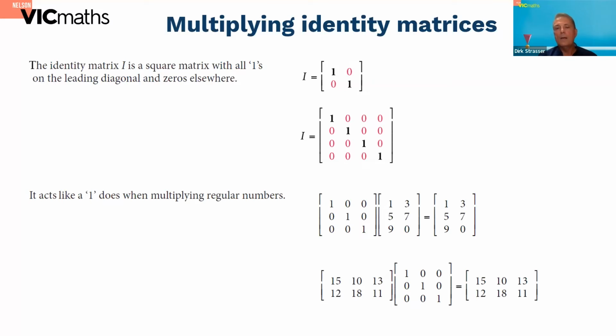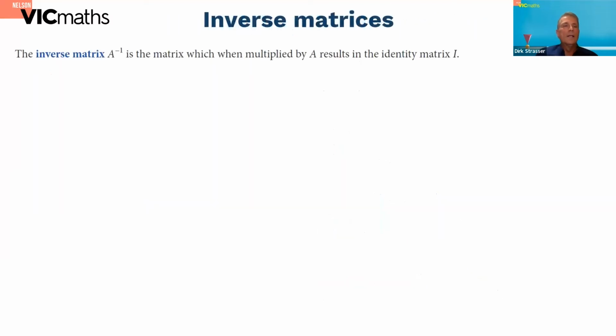When you multiply a matrix by an identity matrix, the matrix is unchanged. Those of you not familiar with matrices may say, okay, big deal. But the number 1 is very important in our number system, and therefore the identity matrix ends up being pretty important when it comes to matrices as well.